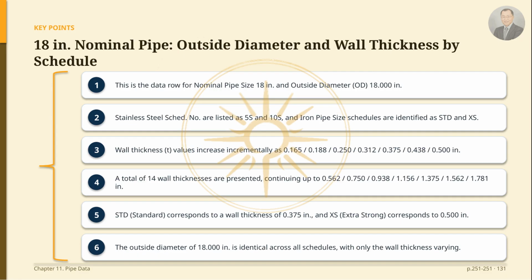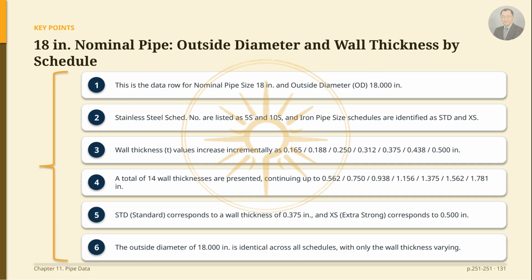This slide contains the outside diameter and wall thickness data by schedule for an 18 inches nominal pipe, demonstrating the principle that the outside diameter remains fixed while only the wall thickness changes according to the schedule. For example, the standard grade STD corresponds to a wall thickness of 0.375 inches, and the extra strong grade XS corresponds to 0.500 inches.